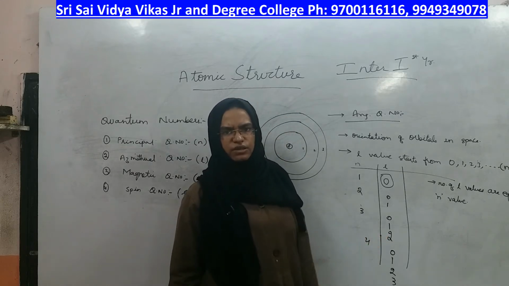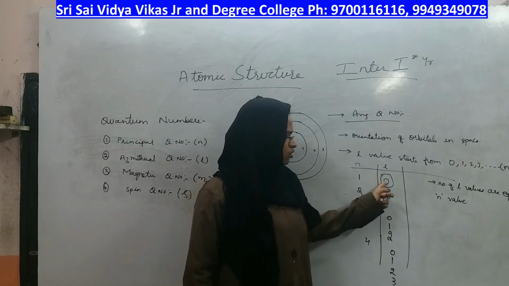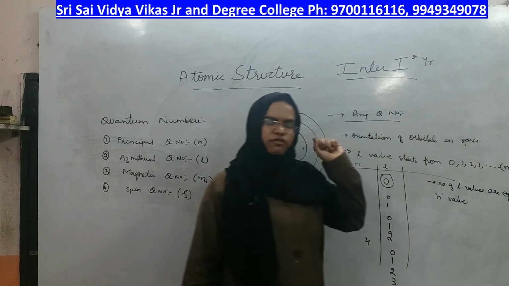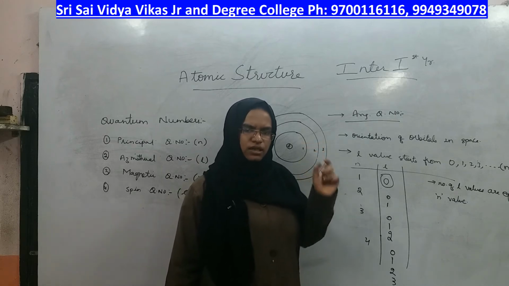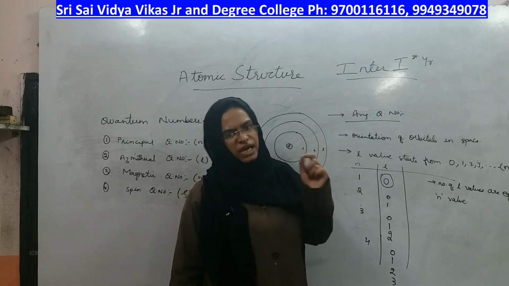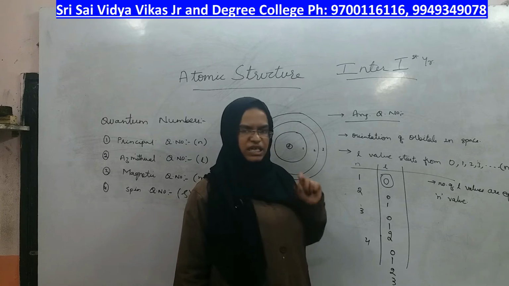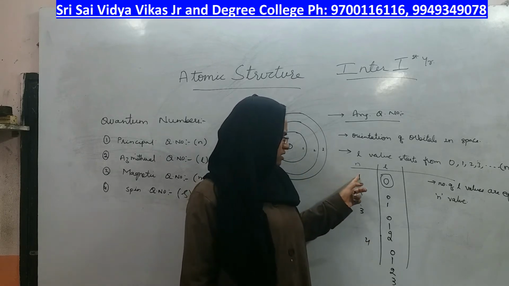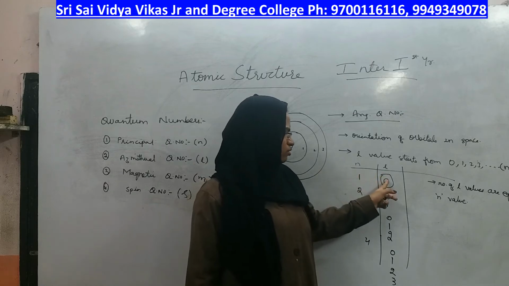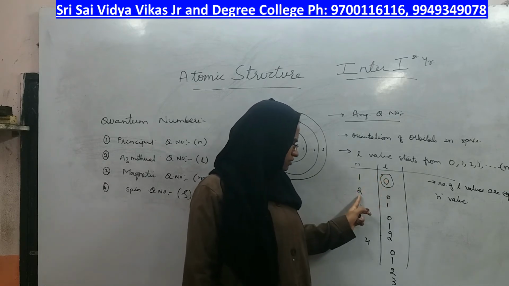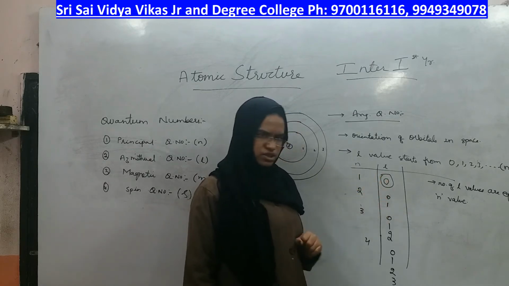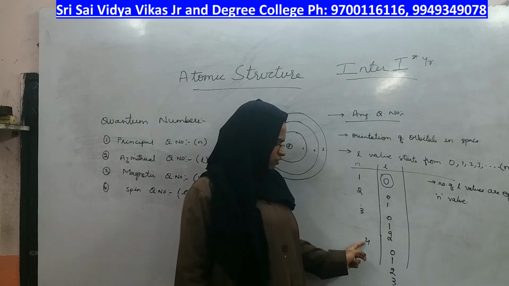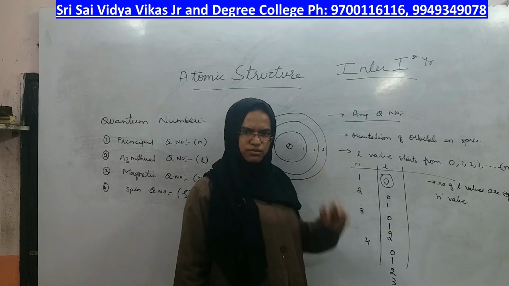So the L value starts from 0 and ends at n minus 1. The nth shell has n subshells. The first main shell has one subshell, the second has two, the third has three, the fourth has four subshells.